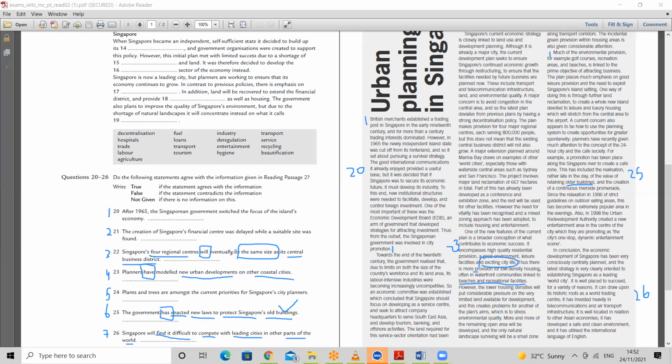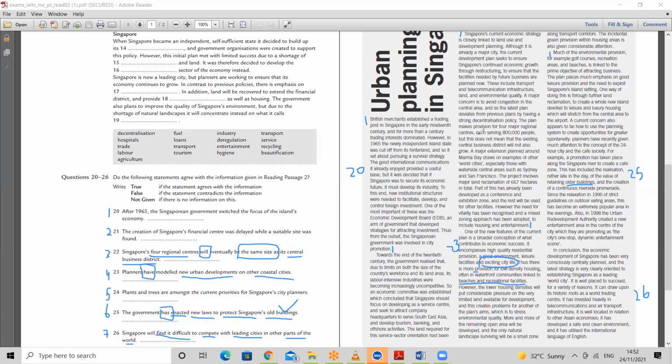Now, I understand that the answer should be in paragraph number 3, which is this paragraph right here. Now, where exactly can you find the keywords like 4 regional centers or the central business district?